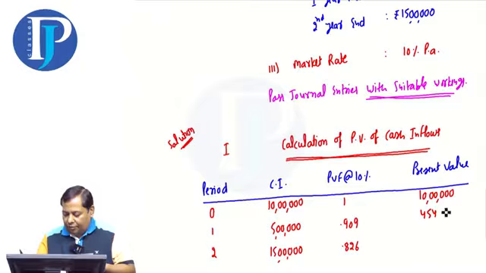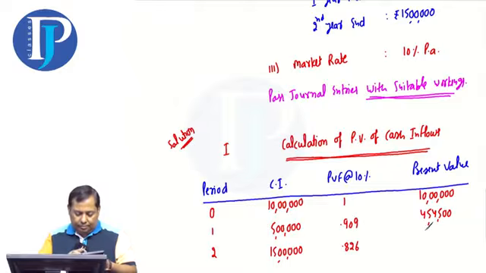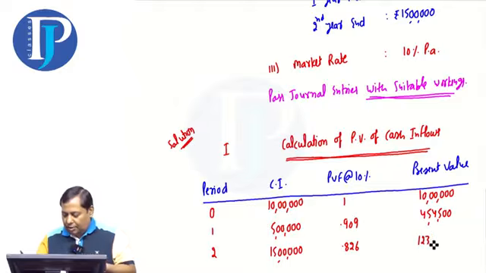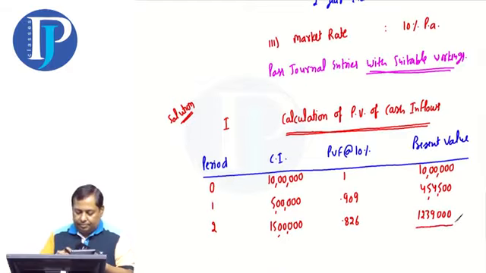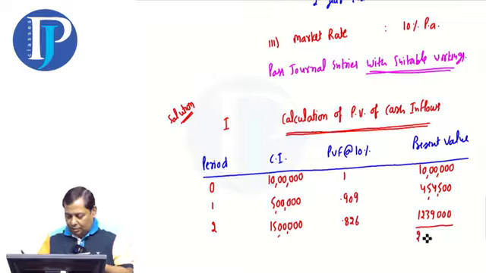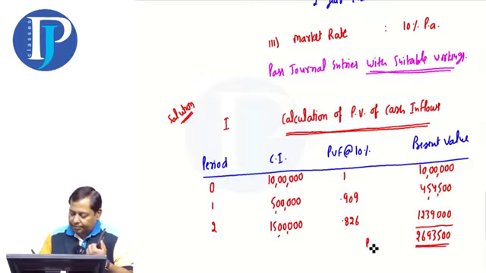Four, five, 00. 1, 2, 3, 9, 000. Total: 26, 9, 3, 5, 00. This will be the present value of inflows, also called selling price.